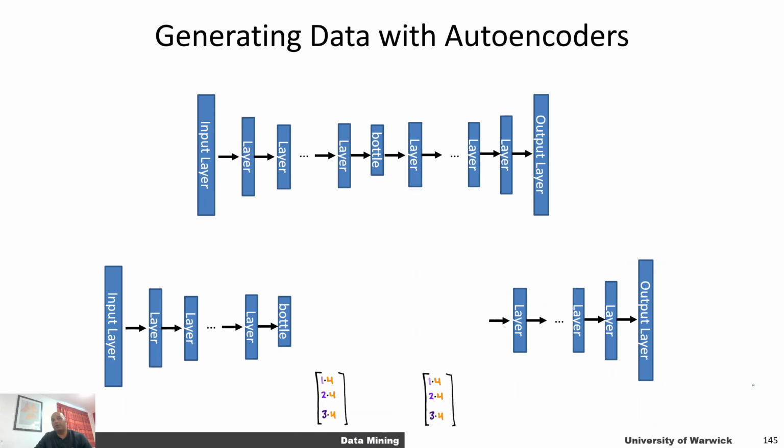Now, we've already covered a way of generating data with machine learning models, and that is autoencoders. In autoencoders, we have what is called a bottleneck neural network. You give it your input data during training. That data is passed through the neural network layers until it reaches a bottleneck, which is a reduced representation of your data. And that reduced representation is built in such a way that it can be used for a given example.